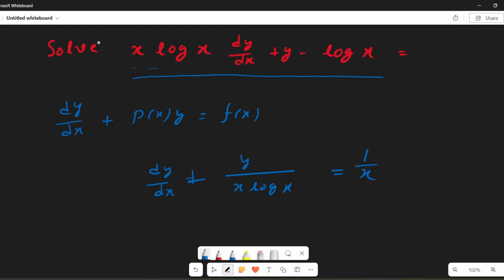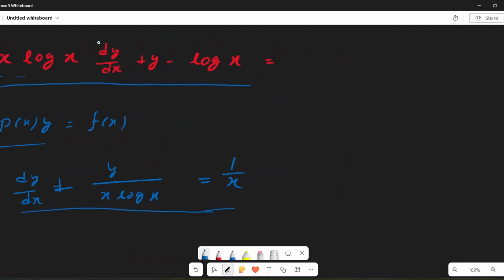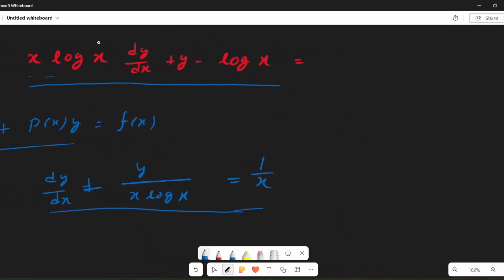Look at this, this is our standard differential equation form. So we can write that our p(x) is equal to 1 by x log x, and f(x) is equal to 1 by x.